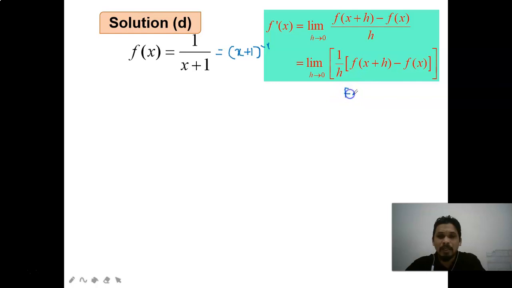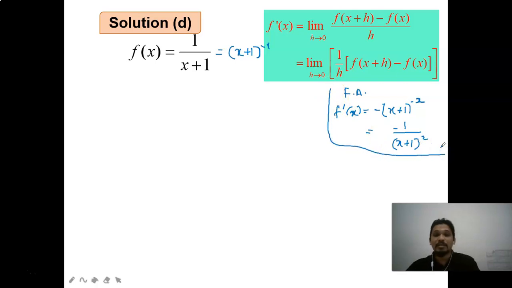The final answer, f prime x equal to negative 1 multiplied with x plus 1 to the power of negative 1 minus 1, negative 2, or we may also write this as negative 1 divided by x plus 1 squared. We keep this as a reference.